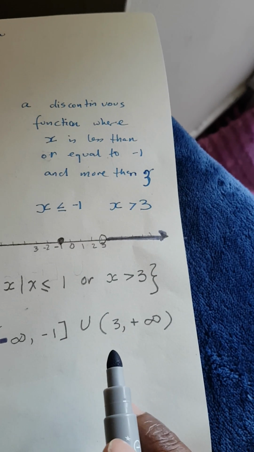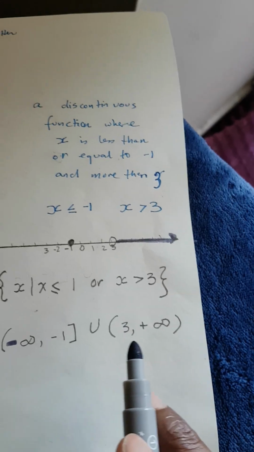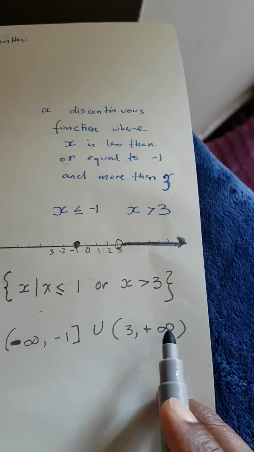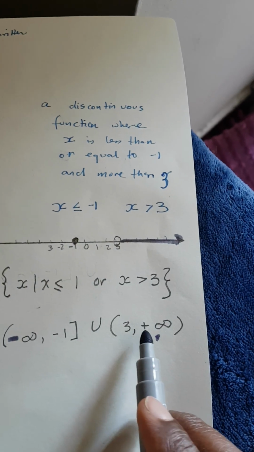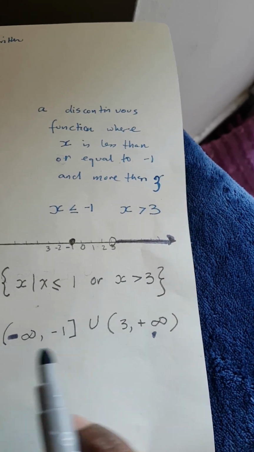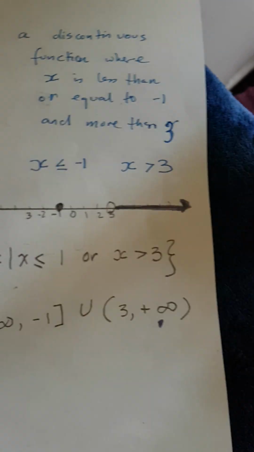Then you would have a semicircle, 3, comma, plus infinity. Sometimes you'll just see infinity. They may not always put the positive sign because, when there's nothing there, it's positive. When it's negative, you have to put that negative sign.